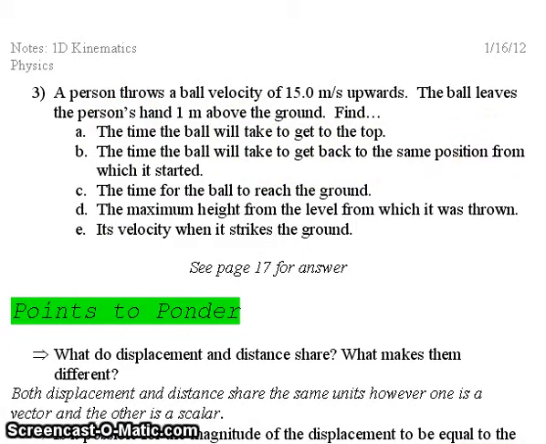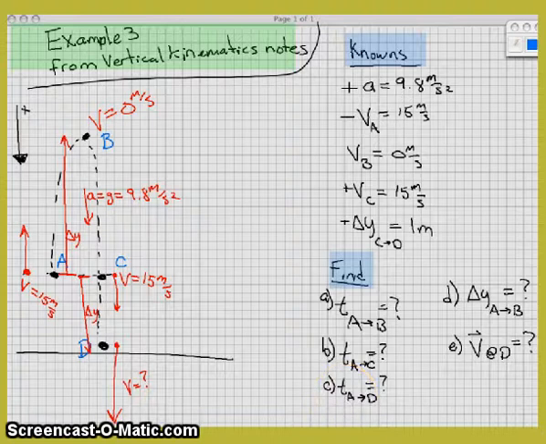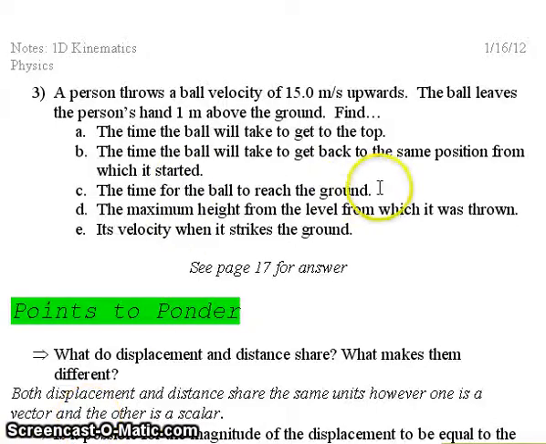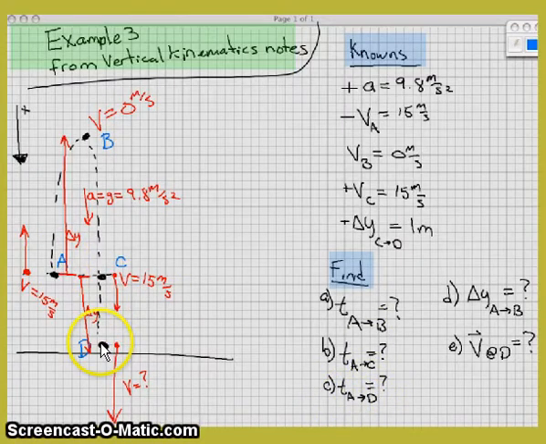So if I go back here to my picture, that would be from time A to C is what we're looking for here. And I think this third part here asks us the time for the ball to reach the ground. So notice here, we're dealing with the entire distance from A the whole way to D.